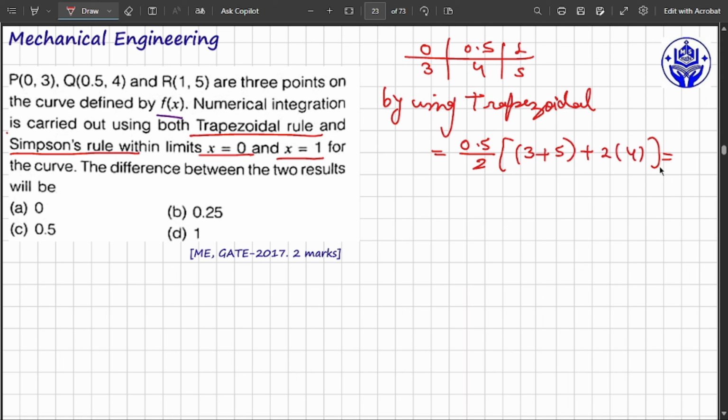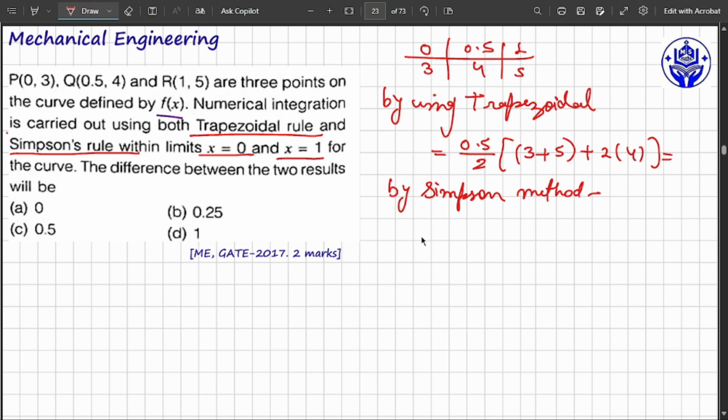We are just calculating it as 0.5 by 2. Just wait, let me check the other one. If it is the same expression, then the difference may be 0. So now by Simpson's method.